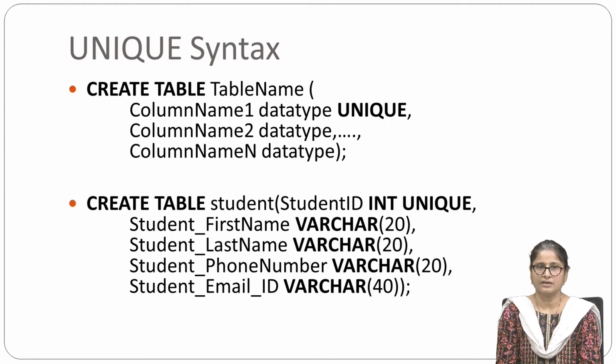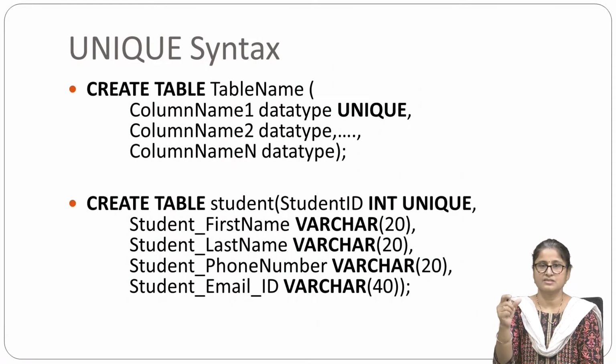Below it is the example of a unique constraint on the student table: create table student, student ID, integer. Student ID should be unique. There should not be duplication of the student ID: 1, 2, 3, 4, 5.